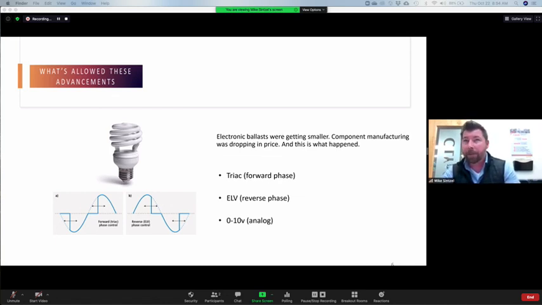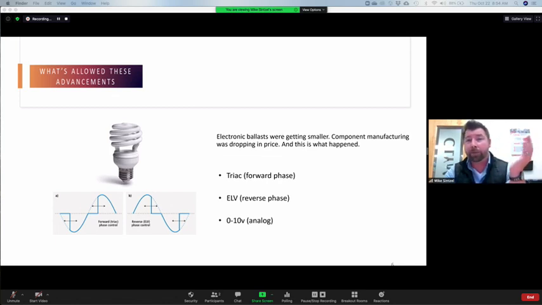Now, that progression in the drivers today with the technology, you can find most manufacturers will supply a universal driver with their lighting fixtures, which will do 0 to 10. It'll do pulse width modulation with the 0 to 10. It'll do ELV, and some might even do some phase dimming magnetic.